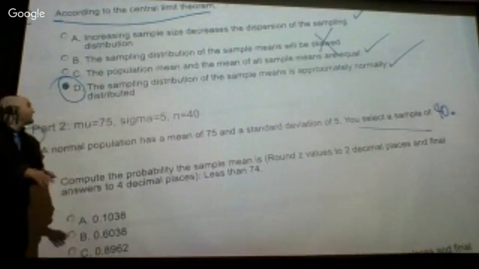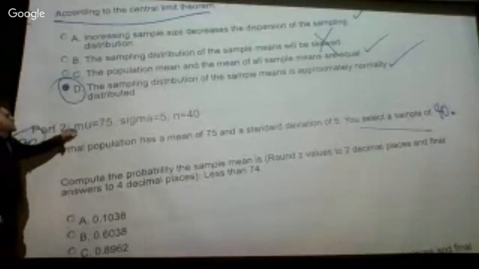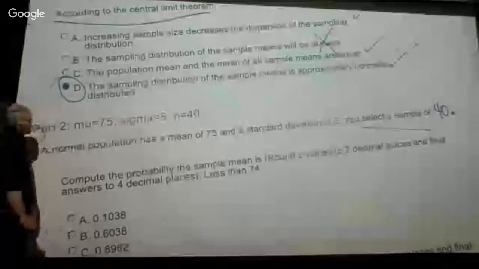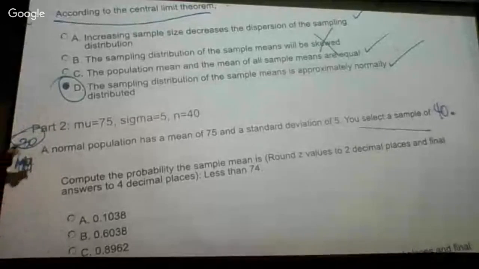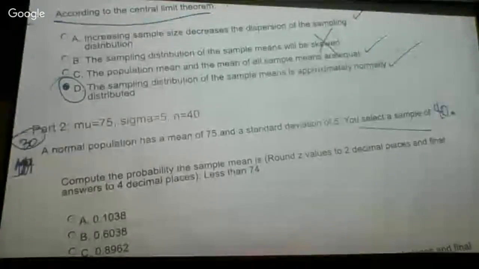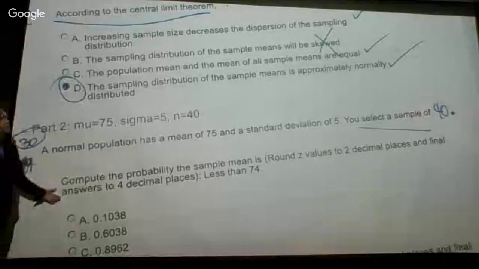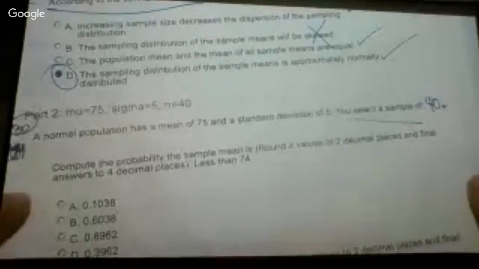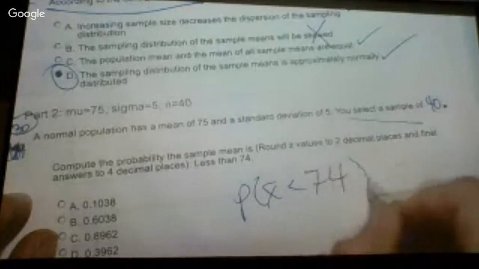A normal population has a mean of 75, mu equals 75, and a standard deviation of 5, sigma is 5. You select a sample of 40. You're going to compute the probability that the sample mean is less than 74. So for 30, we're doing the probability of X bar less than 74.